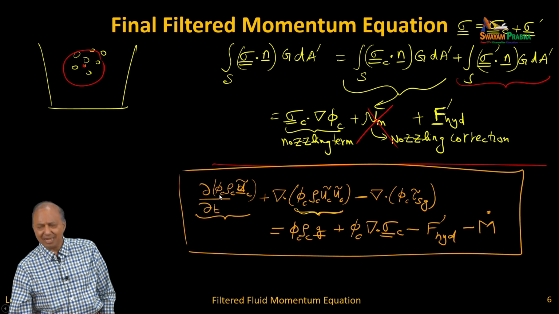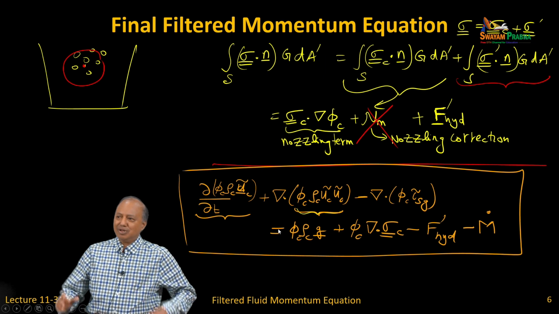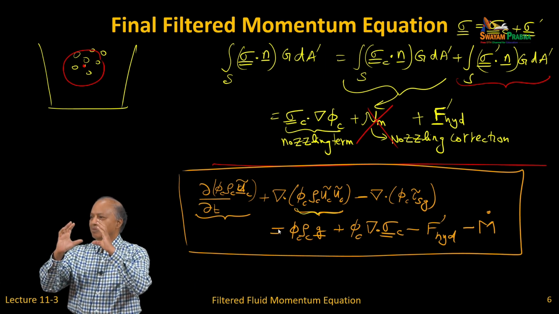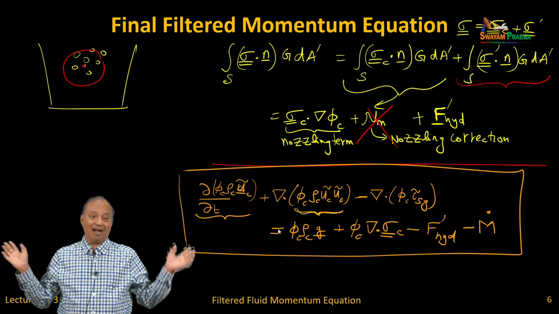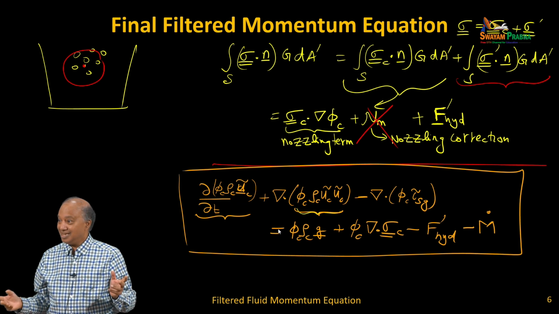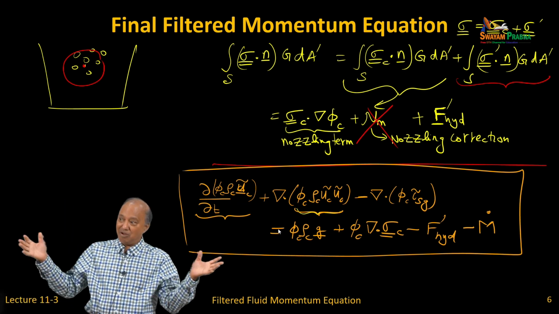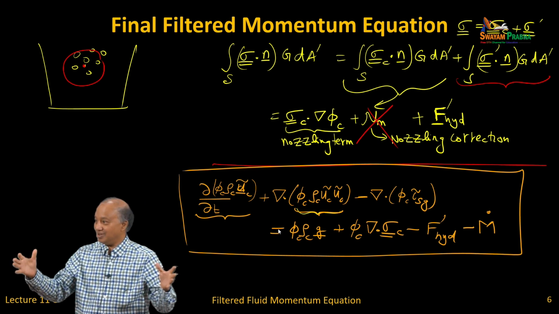The only difference is that the phi c volume fraction comes in, because if you take a unit volume, remember, this is the penalty of saying I am not going to worry about inside particles or outside particles. We are now looking at the fluid velocity average.